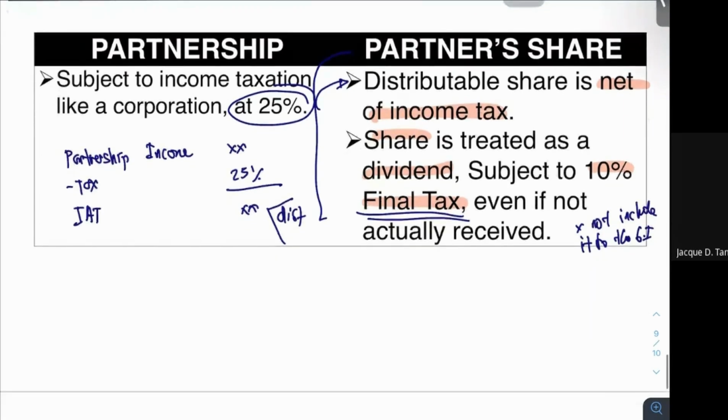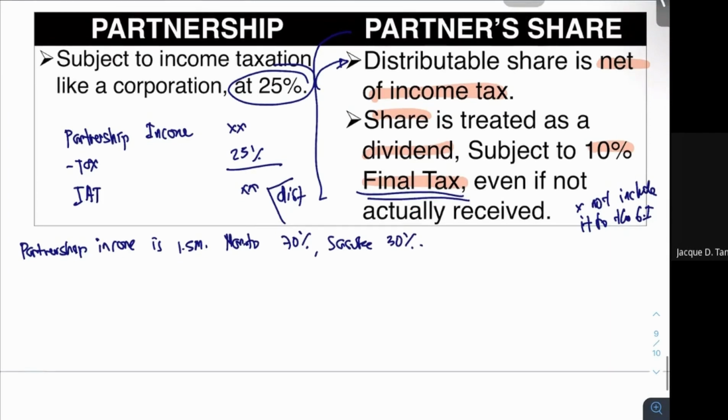Okay, let's have an example. The partnership income is 1.5 million. Naruto shares 70%. Sasuke shares 30%. So assuming they are a business partnership, how do we share that? We get first the partnership income of 1.5 million.